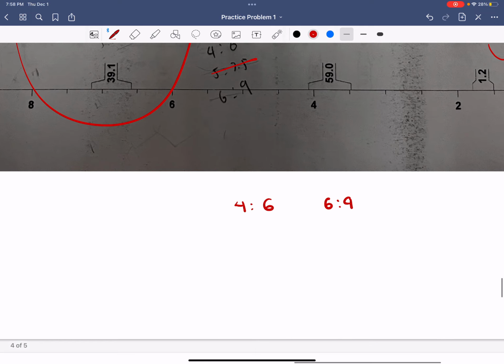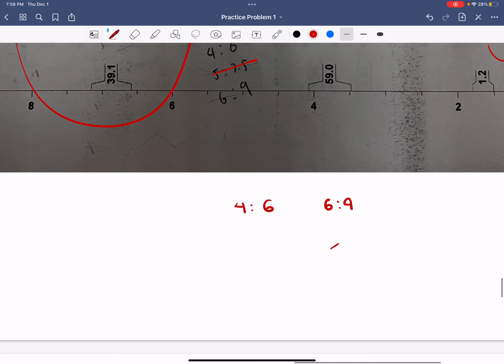I first looked at the 6-to-9 ratio, which does not make sense because if there is a benzene ring and there are 6 hydrogens, then there are no other spots for side chains, so it doesn't make sense to additionally have 9 hydrogens on the side chains. So I eliminated that ratio option, and that left me with the 4-to-6 ratio.